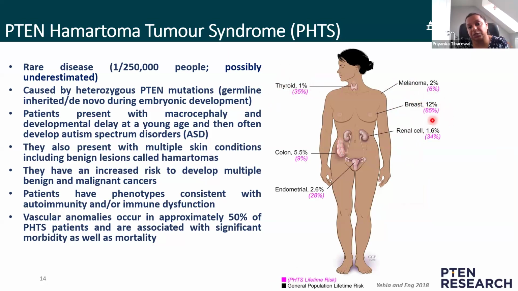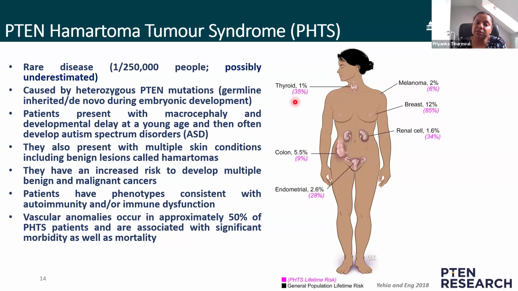But in PHTS patients, this risk is increased from 12% to 85%. You have a significant increase in endometrial cancer as well. 28% of PHTS patients have a risk of endometrial cancer as opposed to 2.6%, and thyroid cancer as well. It's increased from 1% to 35% in PHTS patients.